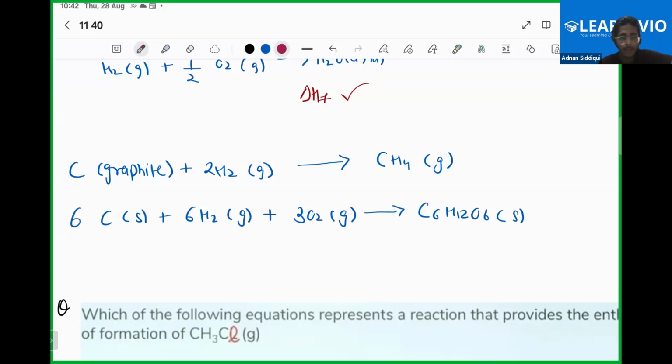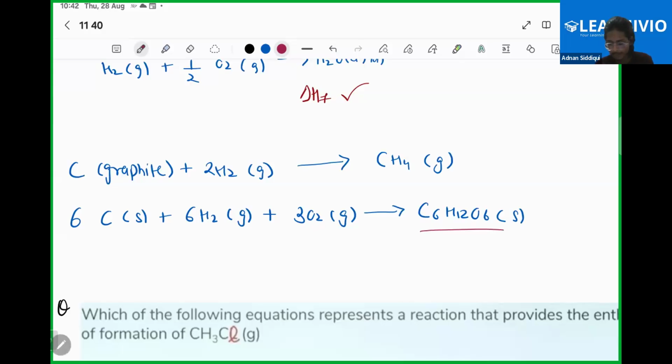And hydrogen will be in normal H2 form, and I am supposed to make CH4. If I am reacting C plus H2, I am going to get CH4. Now, is this equation balanced? No. So I have to make it balanced and multiply it. So now this is a balanced chemical equation in its proper elemental state.